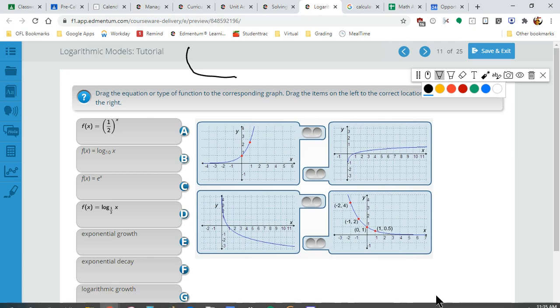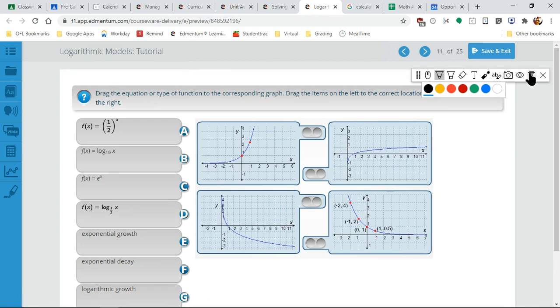So if I'm at 1, after 1x, I'm going to be at a half. So this one has to be my answer. This is the only one that's an exponential decay, and it's going down at 1/2. This isn't an exponential decay, this is an upside down log. This is exponential growth, and this is a regular log. So this is the only one that made sense.